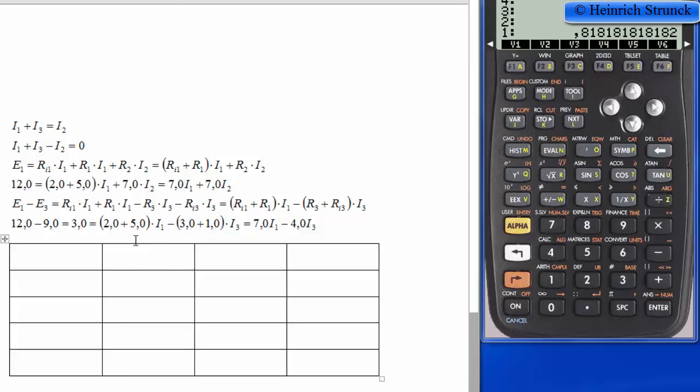This row is for current I1, this row is for current I2, and this one is for current I3. So I1 and I2 and I3.